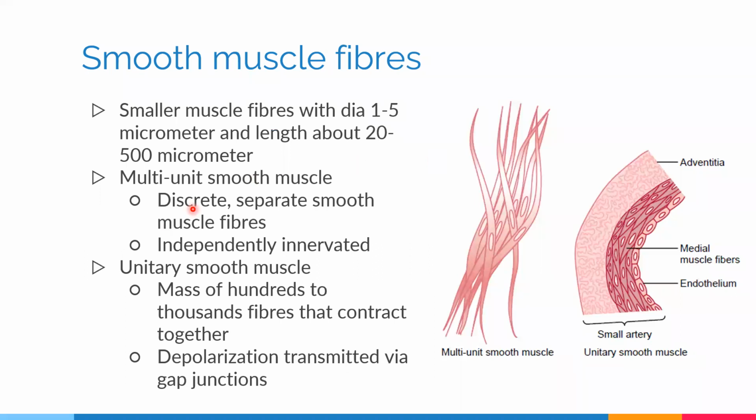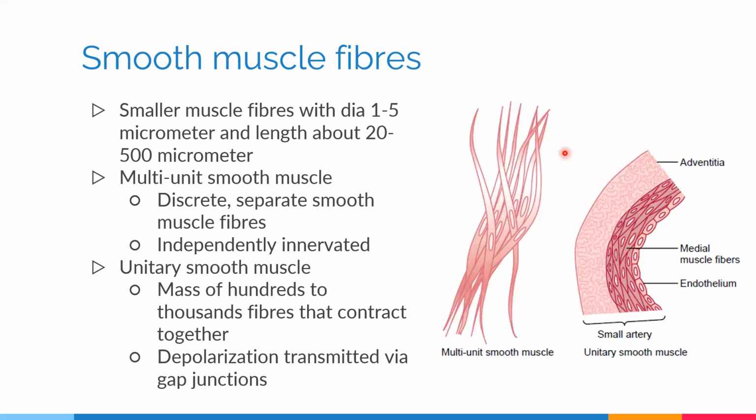The smooth muscle fibers are divided into two types: multi-unit smooth muscle fibers and unitary smooth muscle fibers. The multi-unit smooth muscles are discrete, separate smooth muscle fibers and are independently innervated. So these are closely present.